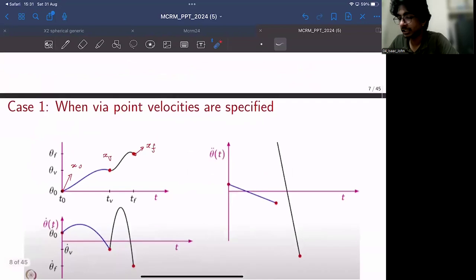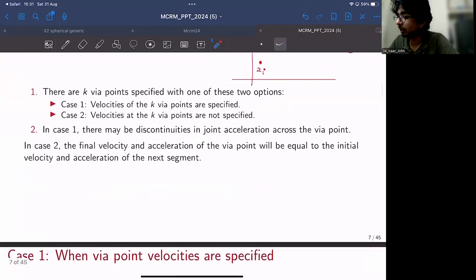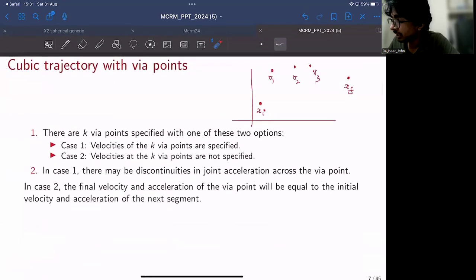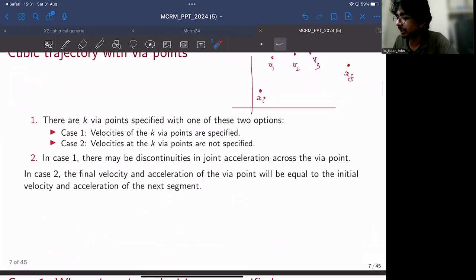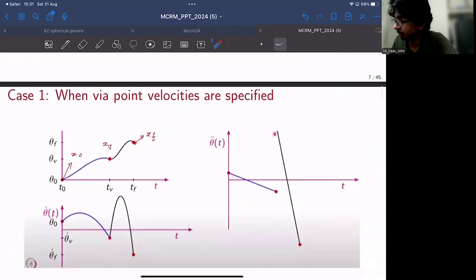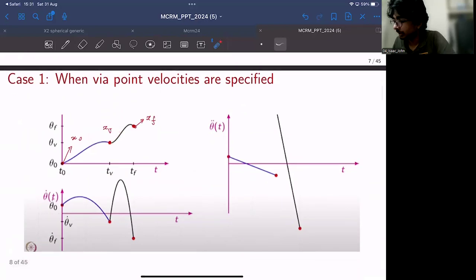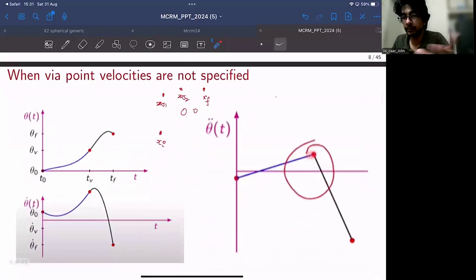And if the velocities are specified, if you want the manipulator arm to reach this via point with a particular velocity of your choice, the problem is that if you take a look at your acceleration profile, there will be a jump. Whereas if you leave the velocities alone, if you simply consider the final velocities of the first segment to be the initial velocities of the second segment, then there may not be any sudden jump in accelerations.